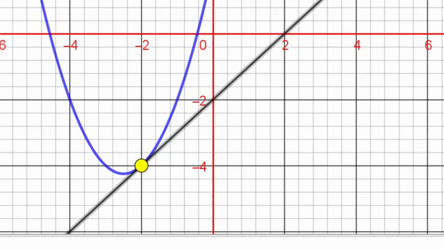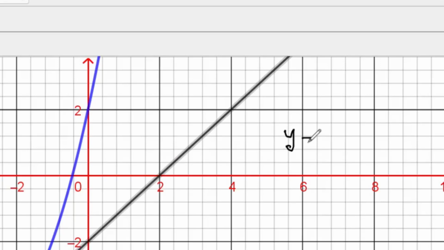We all know that the equation of a straight line is y equals ms plus c, where m represents the slope of the line.